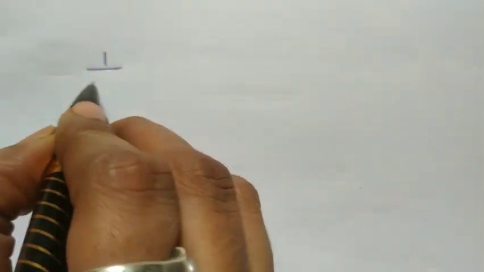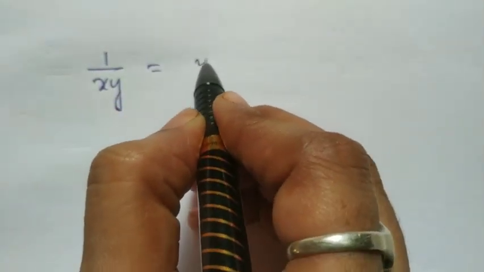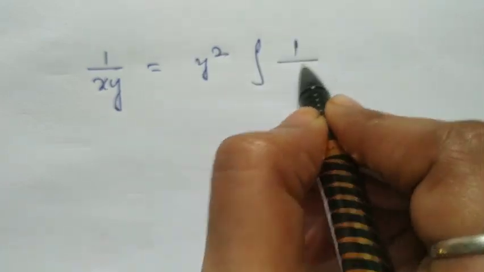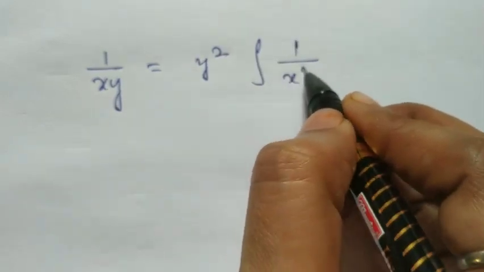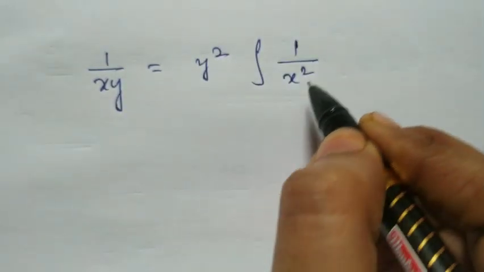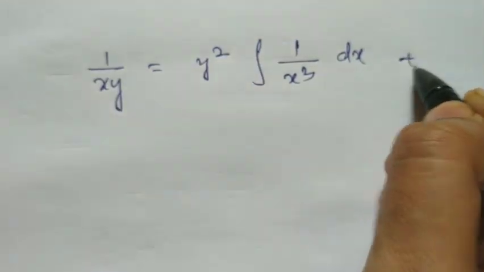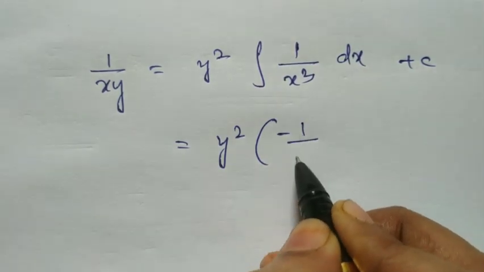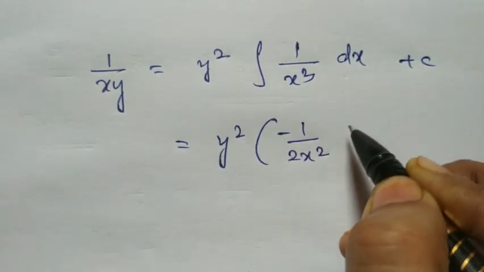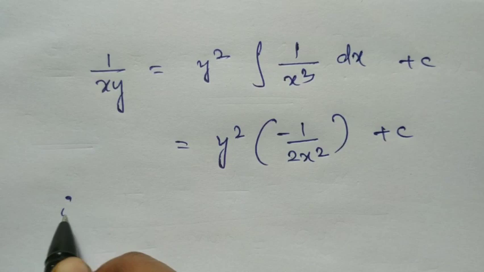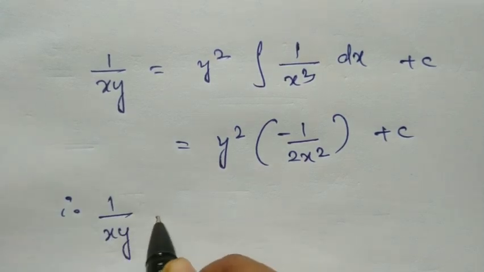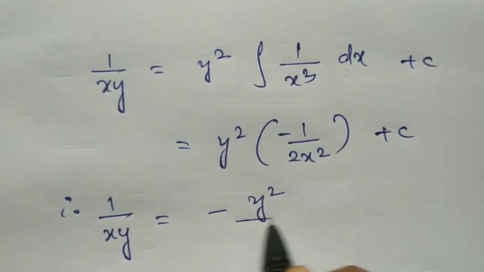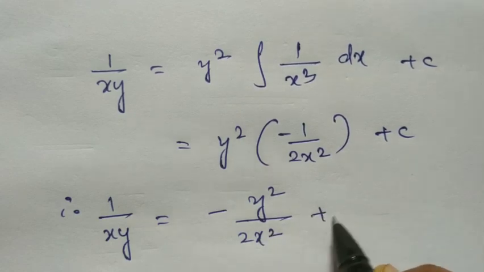So 1 by xy equal to y square into integration of 1 by x cube dx plus c. Integration of 1 by x cube is minus 1 by 2x square. So therefore 1 by xy equal to minus y square by 2x square plus c.